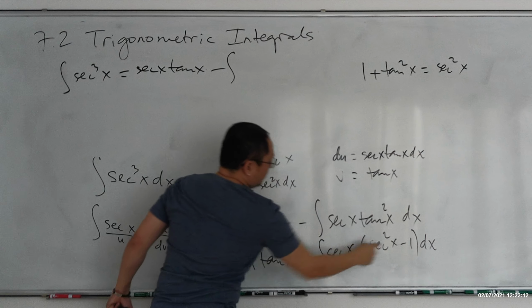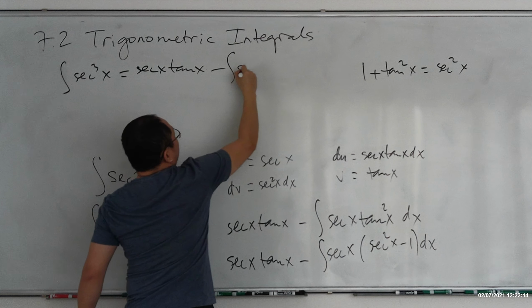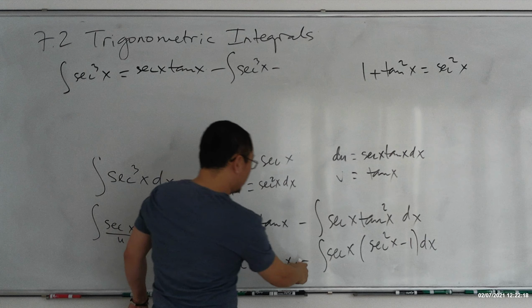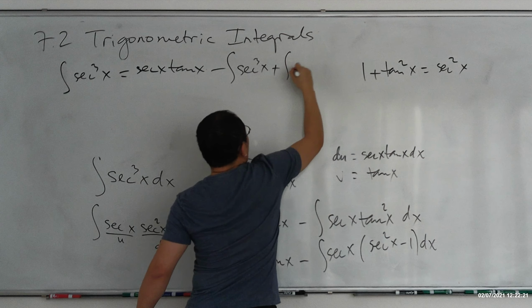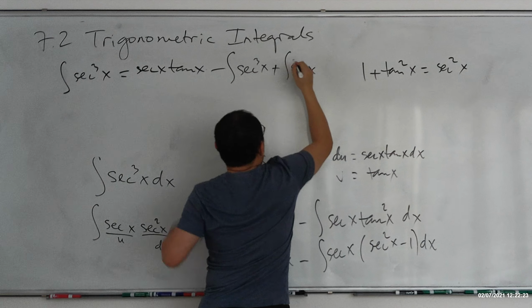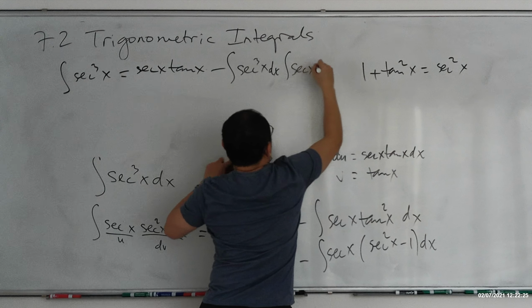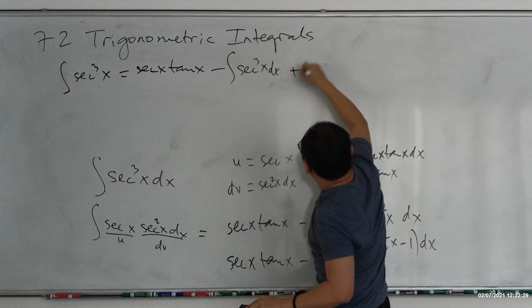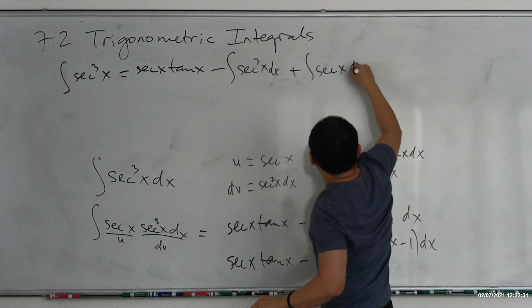I'm going to do distribution here. I got secant cube of x, minus, with another minus becomes plus, integral of secant x. I forgot the dx here, here, and here. Plus integral of secant x dx.